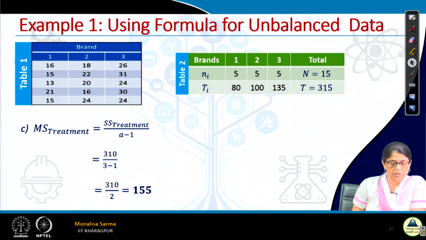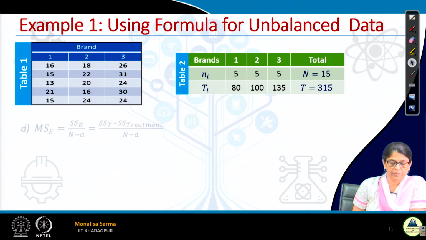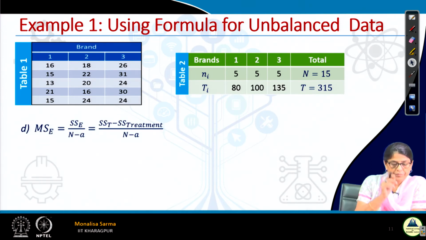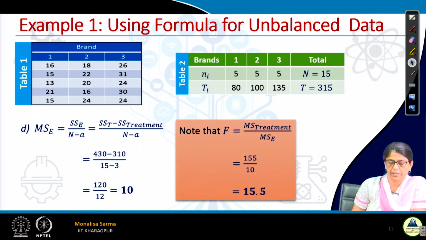Once we found MS treatment, now we need to find out MSE. For MSE we can find SST minus SS treatment, divided by the degrees of freedom n minus a. Okay. We calculated it and found 15.5.